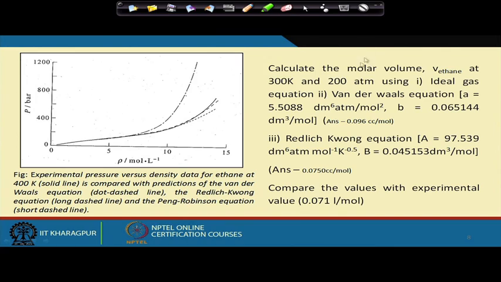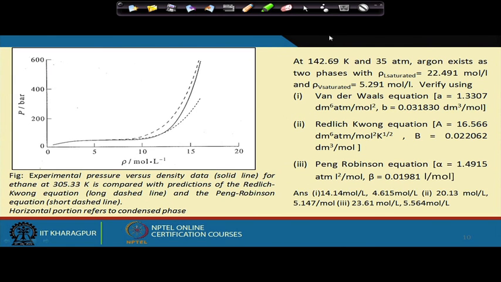And just to show you one particular example, I have given you this particular problem where I have liquid argon, and the argon exists in 2 phases under this particular condition, and the experimental molar densities of liquid argon and vapor argon are provided here.